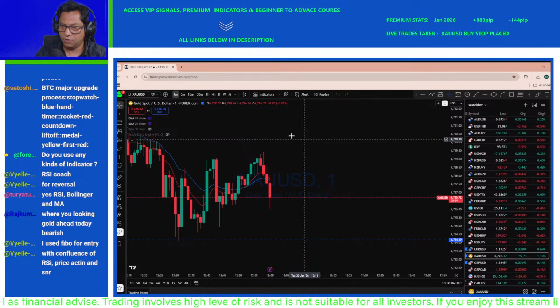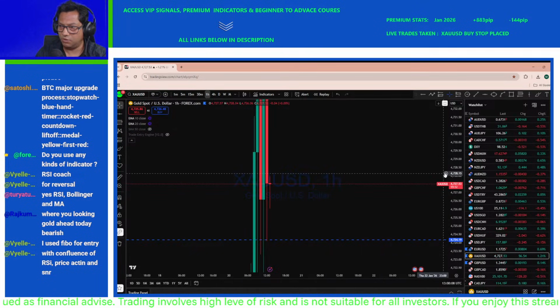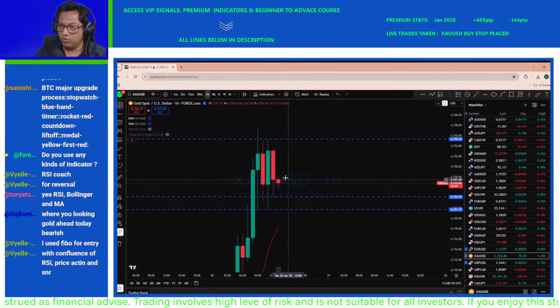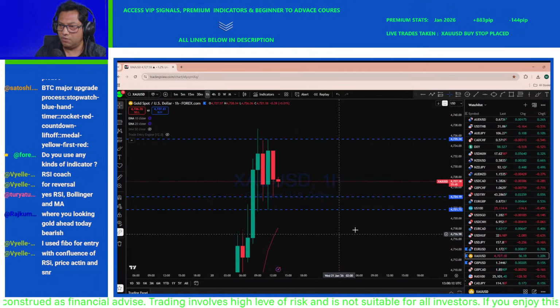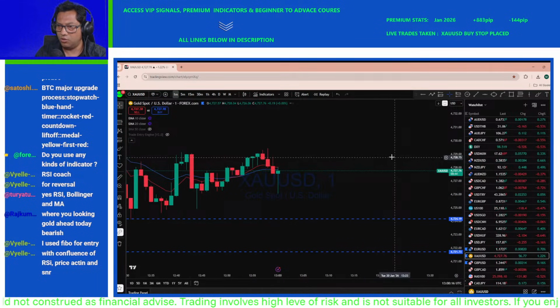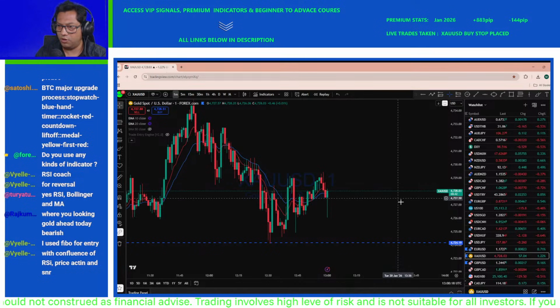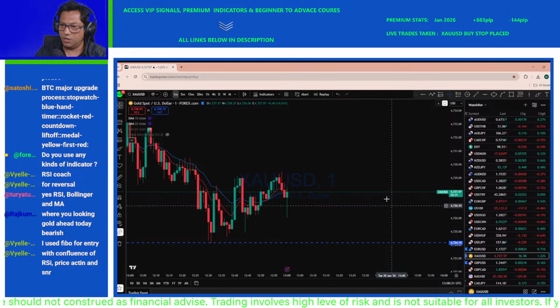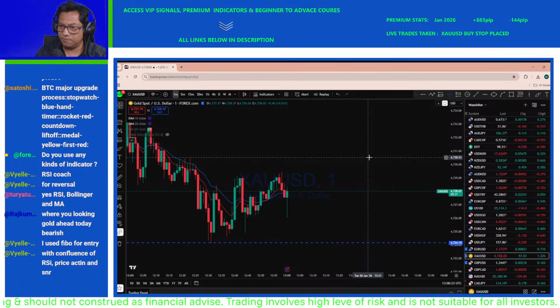This is what I was talking about. There could be a stronger breakup structure, and now after it creates enough false breakouts, we are looking for a potential entry in this market.